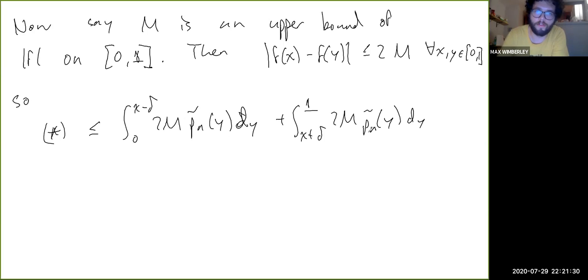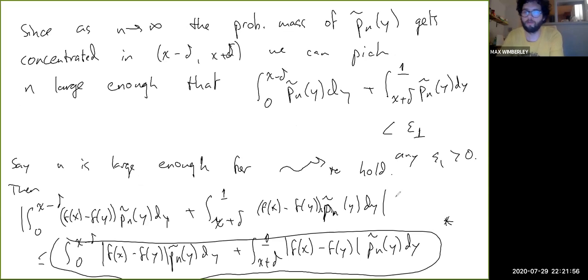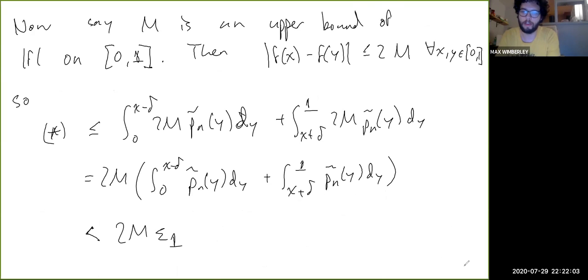If you factor out 2M, this is 2M times the integral from 0 to x minus delta of Pn tilde of y dy plus the integral from x plus delta to 1 of Pn tilde of y dy. This is now less than 2M epsilon 1, because we picked n large enough that these two integrals sum to less than epsilon 1. So that's how you can control those two terms.